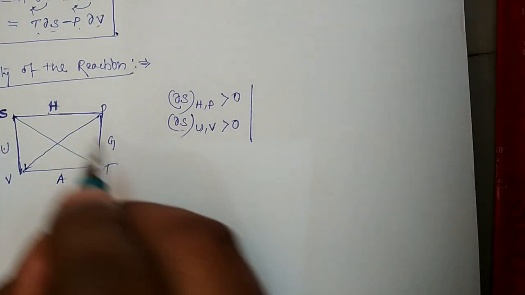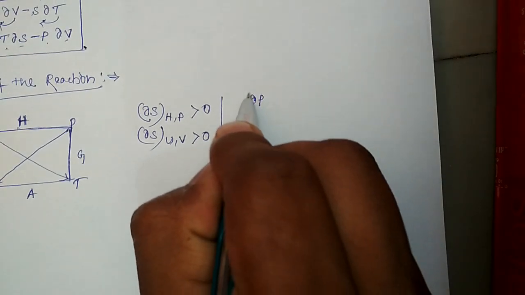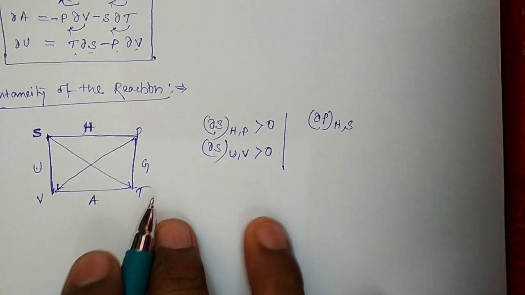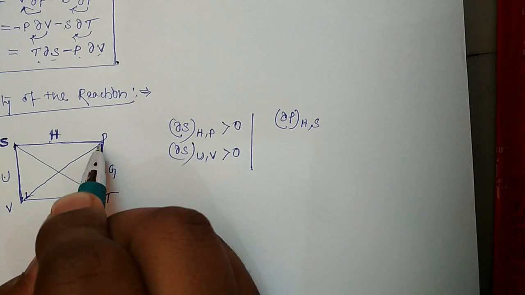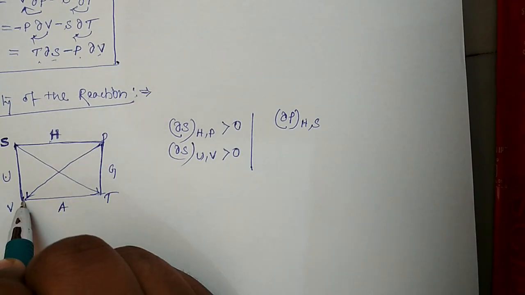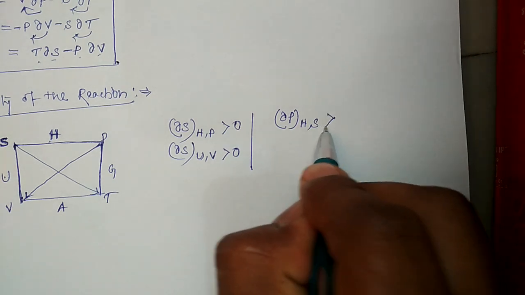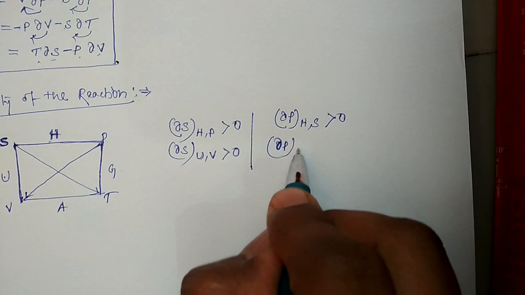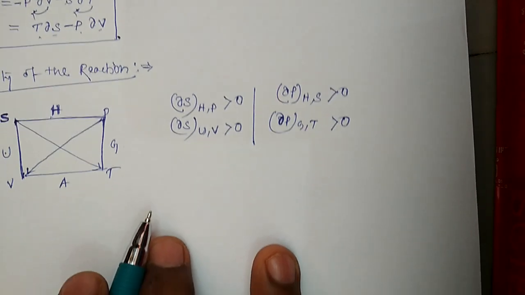Now for the second one, this is for P. That is del P at constant H and S. Again the arrows go from P, so this is positive. And again del P at constant G and T is also positive.